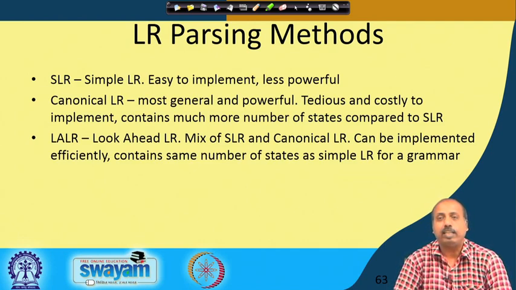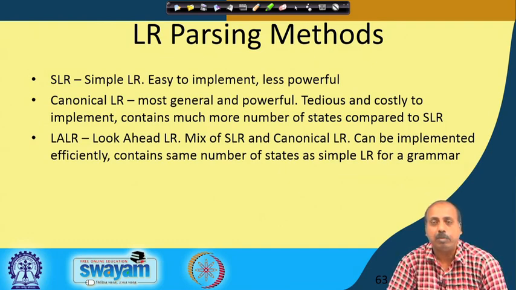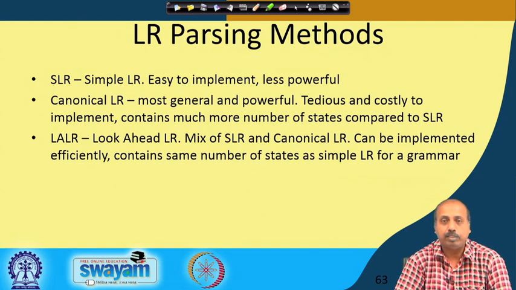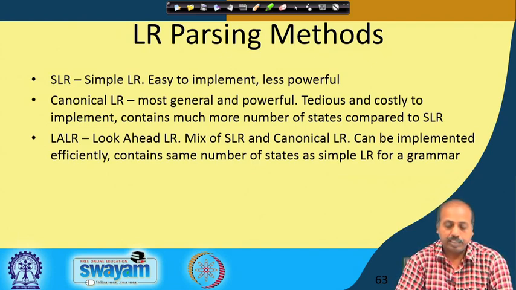You will see that a large number of states will be created in the parser, so it is difficult to make a canonical LR parser like that, and costly to implement, since the number of states is more. It contains many more states compared to the SLR parser. When we look into some examples, it will be more clear.